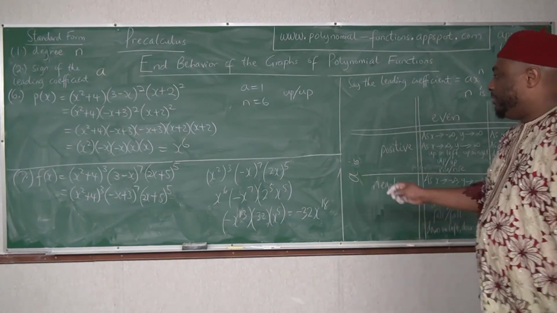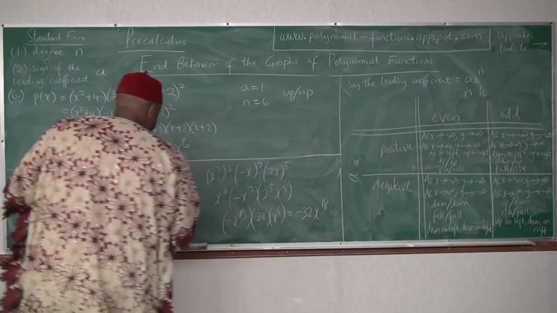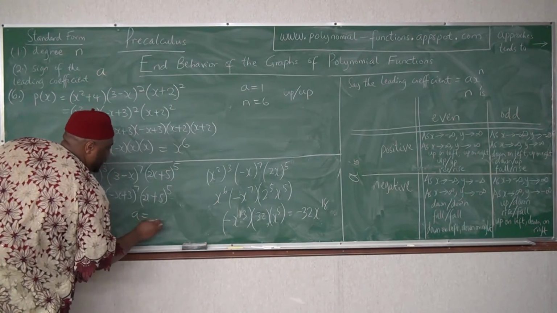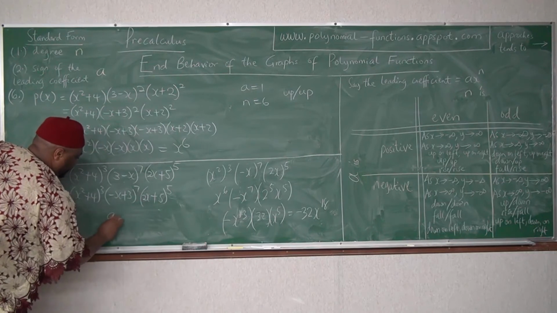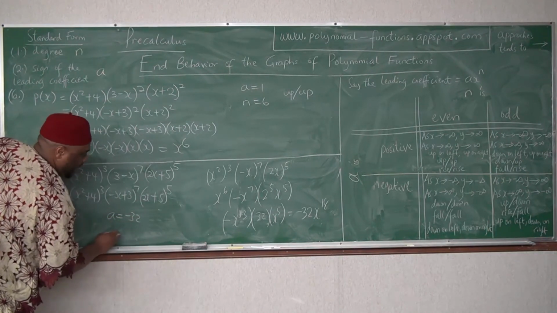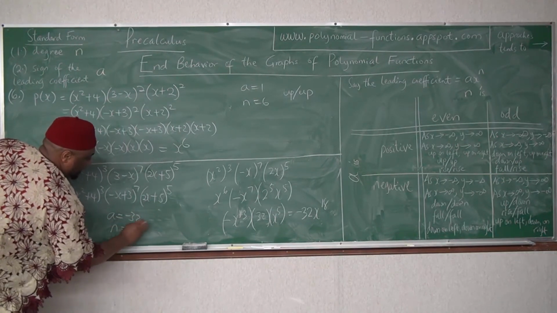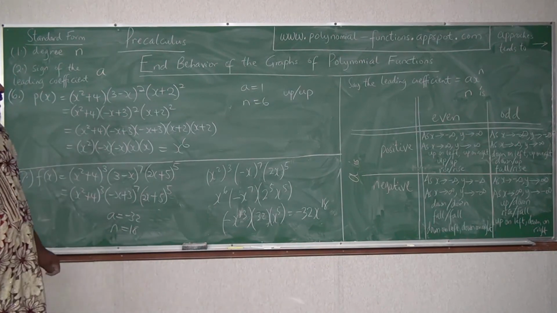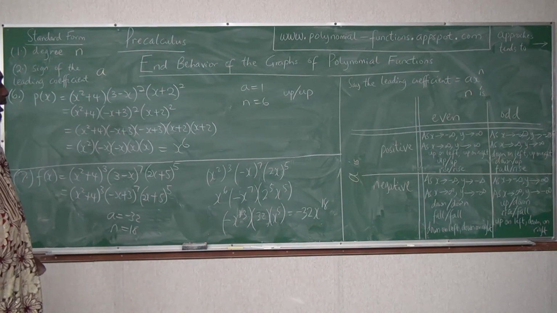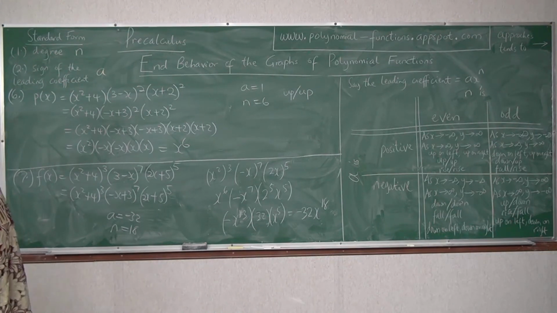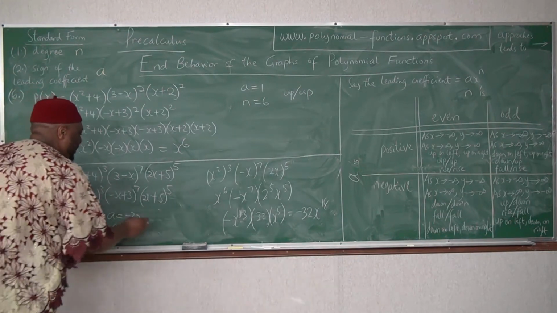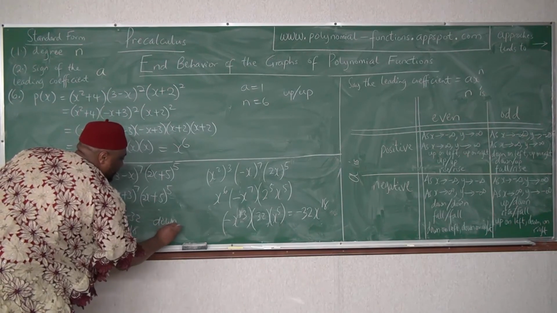So we now have that our A is negative 32, N is 18. So negative and negative even. Negative even is down, down. So this is down, down.